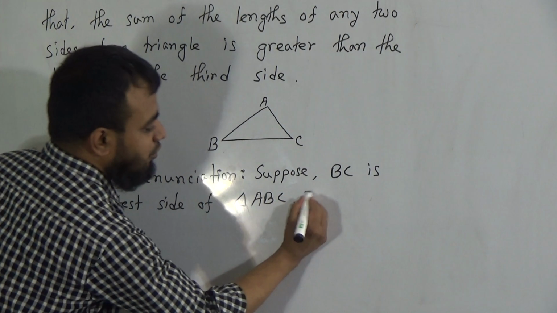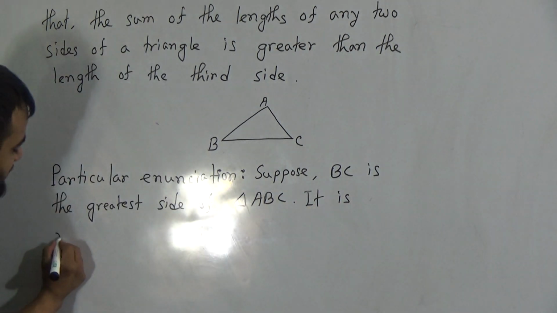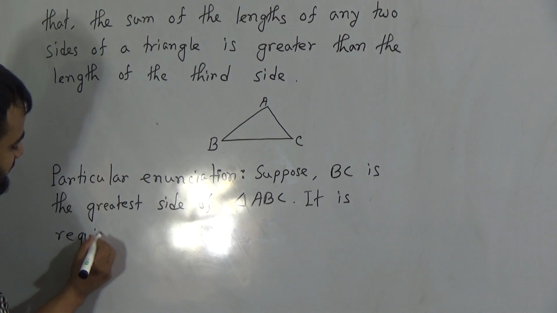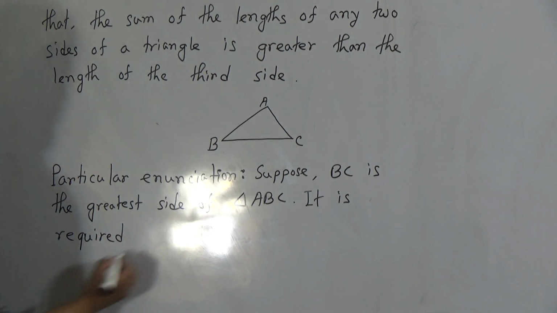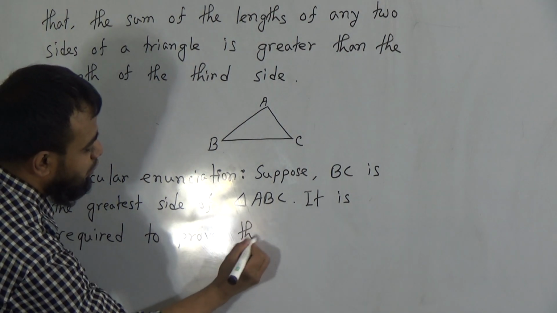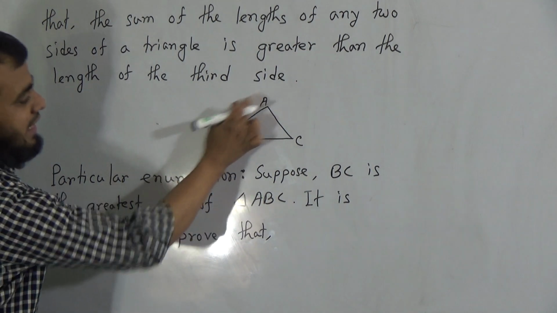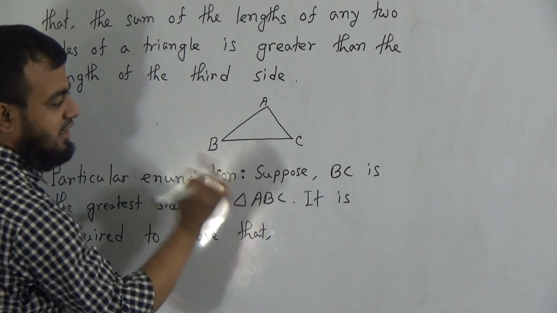Now it is required to prove that AB plus AC is greater than BC.